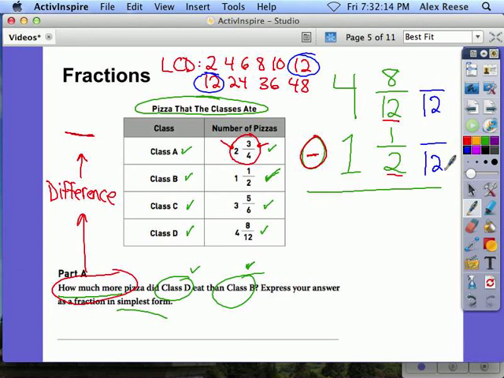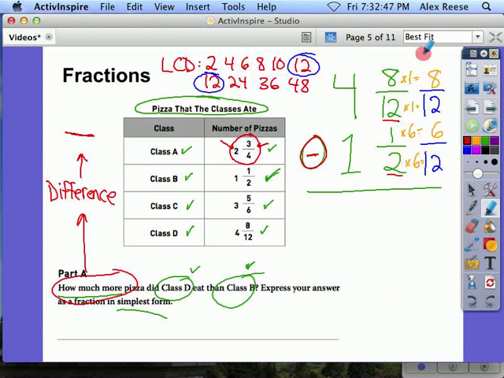Now I need to put these fractions in higher terms by figuring out what to multiply them by. 12 times 1 equals 12, so 8 times 1 equals 8. 2 times 6 equals 12, so 1 times 6 equals 6. Now I have fractions with common denominators, so I'm okay to go ahead and subtract them.